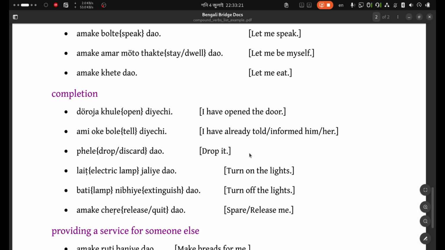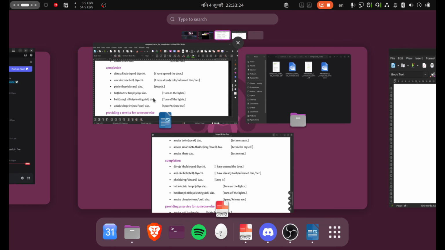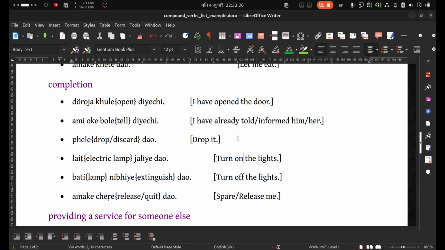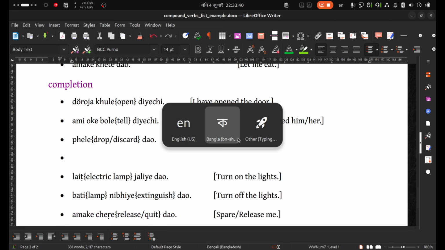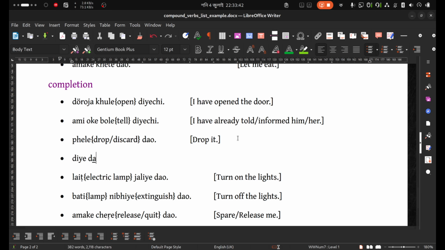But there is an exception. I have said it multiple times that you cannot use the same verb twice in compound verbs, but there is an exception. Maybe there are many, but I can remember one now. It is দিয়ে দাও, and this is a very common verb because kids will hear this sentence a lot in their childhood.